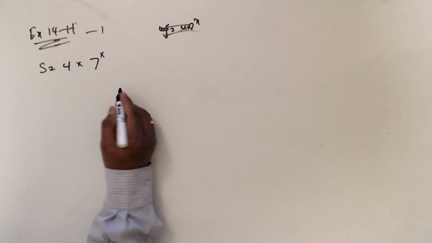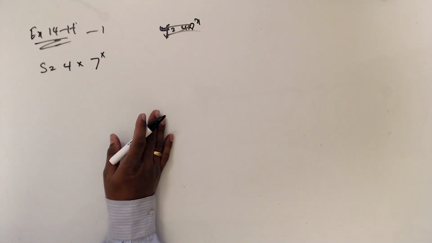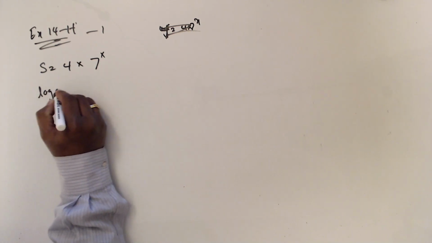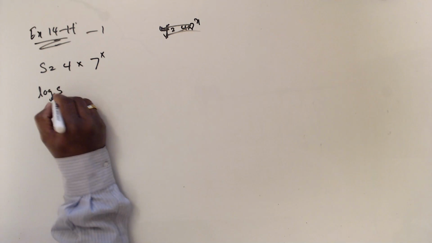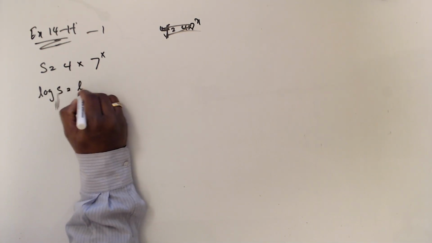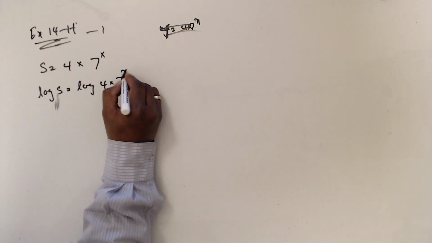Then we have to apply log to this, and we know the pattern of this sum now. So we apply log to s. We know this is base 10, equal to log of 4 times 7 to the power x.